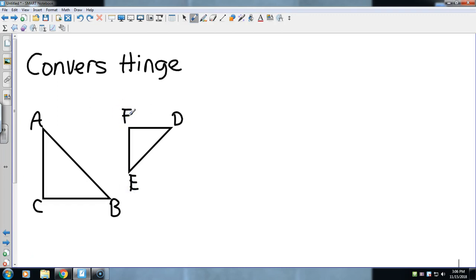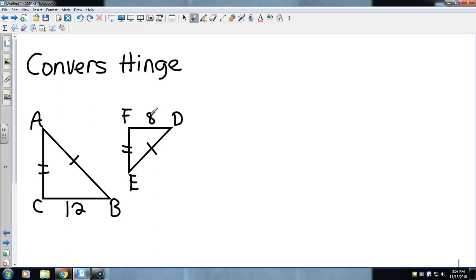Again, I'm not going to put the angles on there, but if I had, let's say, AB is congruent to DE, and AC is congruent to FE, and CB is 12, and FD is 8, then now we can look at the actual angle.